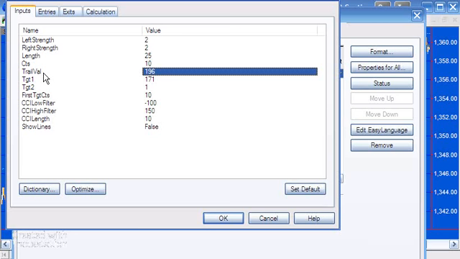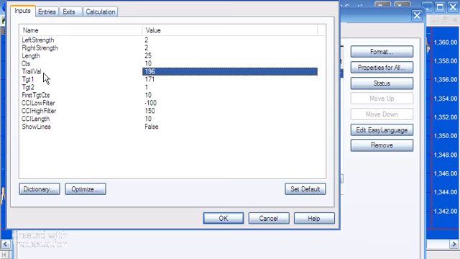It is calculated by multiplying this user input by the min move divided by price scale. And then for a long trade, we subtract this amount, and for a short trade, we add this amount to the entry price. And then as the price in the terms of a long trade goes up, the trailing stop trails, and similarly for a short trade.